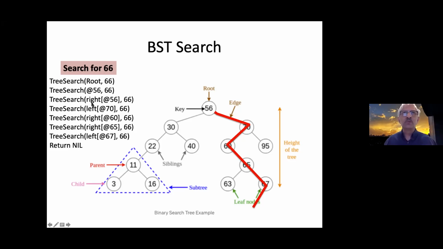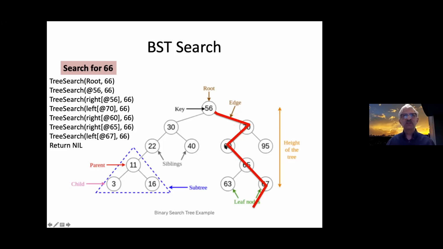That node contains the value 70. When we compare 70 with 66, we'll see that 66 is smaller. So off we go to the left child of the node that contains 70.